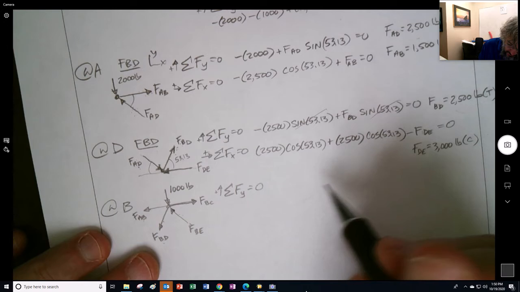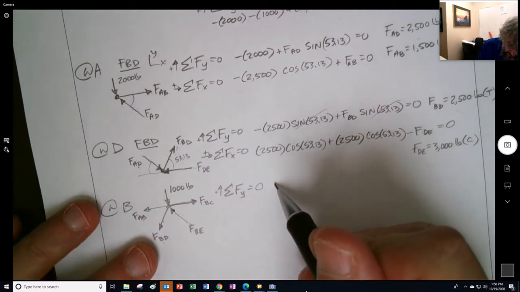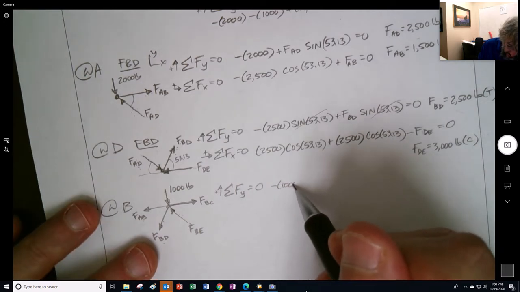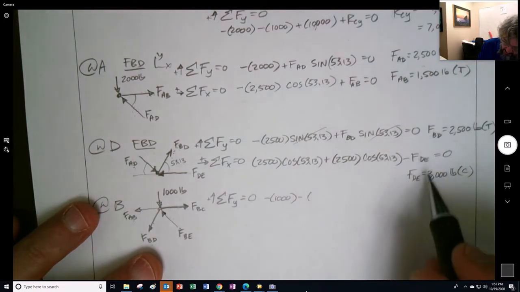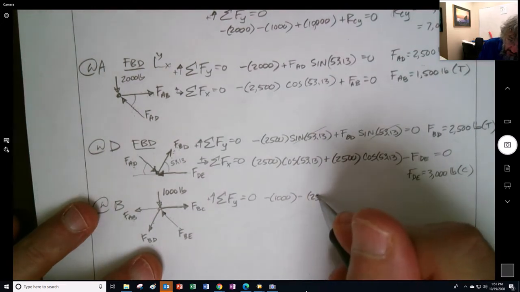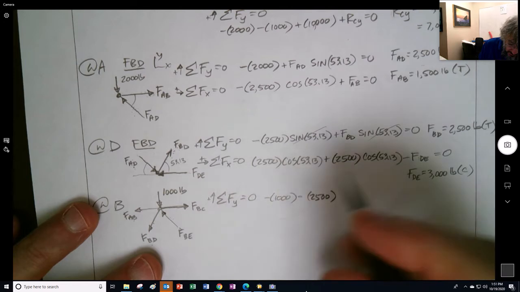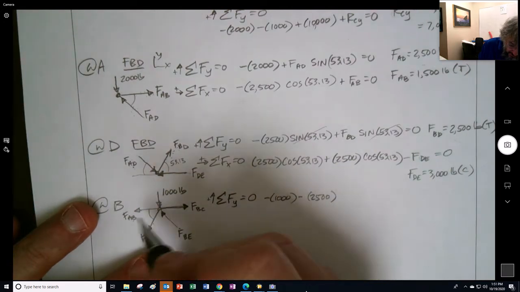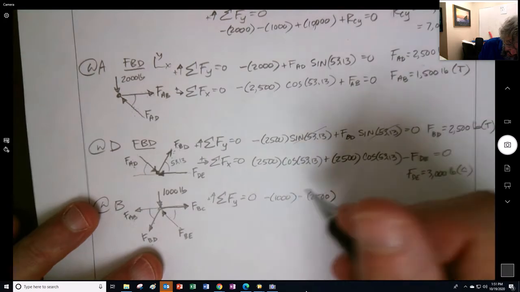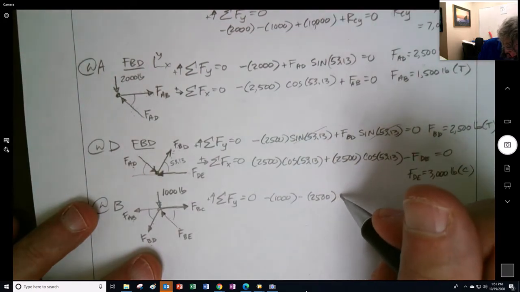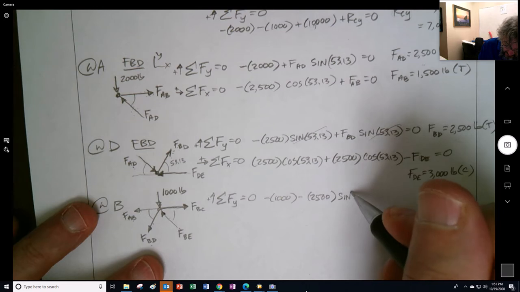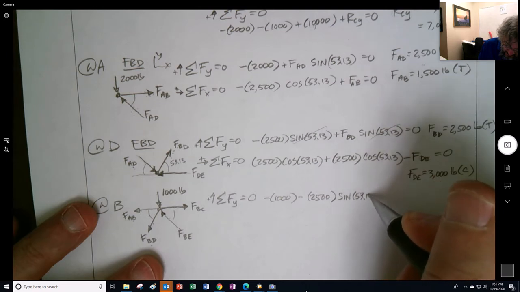It's equal to 0, and so we have a negative 1,000 coming down. We have a negative FBD, which we found to be 2,500. And this too is our 53.13 right in there. Right in there is 53.13 as well. And so let's see, that's going to be the sine of 53.13.